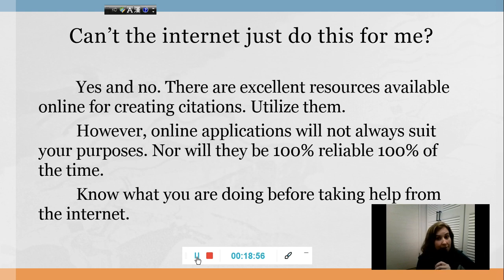Nor will they be 100% reliable 100% of the time. So just make sure that you're double checking. If you do use an online program to do your APA reference list, make sure you're double checking it and making sure that it's doing it properly. But I think it's fair if you want to do that.